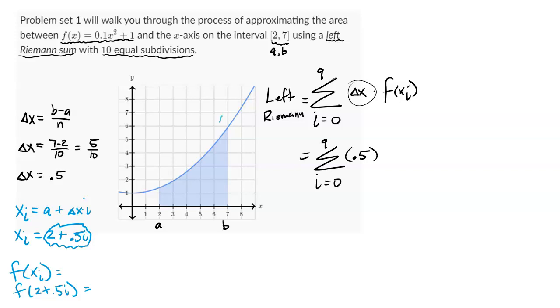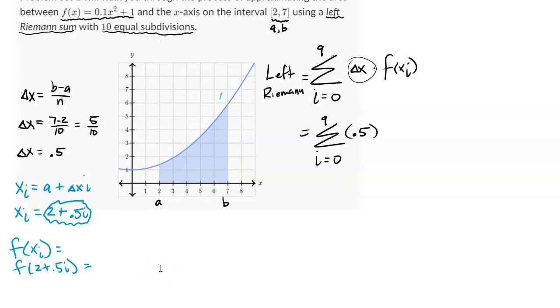I don't know if it is coming out on your screen okay? I'm trying to get all the info on one page, and it's hard. So f of x sub I is the last thing we need to figure out. X sub I is 2 plus 0.5i. So f of 2 plus 0.5i.